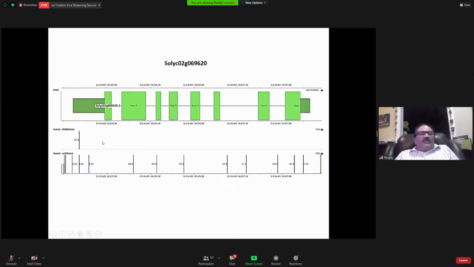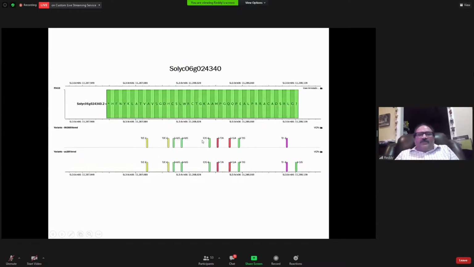For example, this gene in the susceptible plant has just one kind, but in the resistant germplasm has several SNPs. That means this gene is undergoing positive selection, positive mutation to incorporate resistance in the resistant types. But in susceptible, nothing is happening: purifying selection.